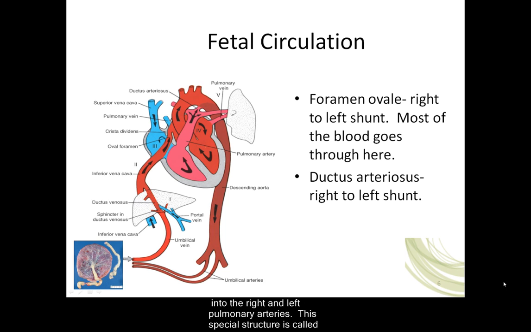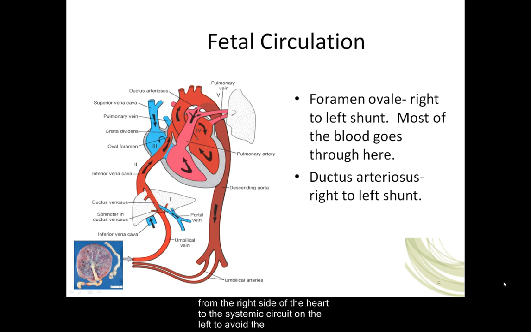Because the pressures in the pulmonary circuit are so great, the blood is shunted through the ductus arteriosus into the aortic arch. This special artery creates a right to left shunt. By that I mean, the blood is shunted from the right side of the heart to the systemic circuit on the left to avoid the pulmonary circuit.